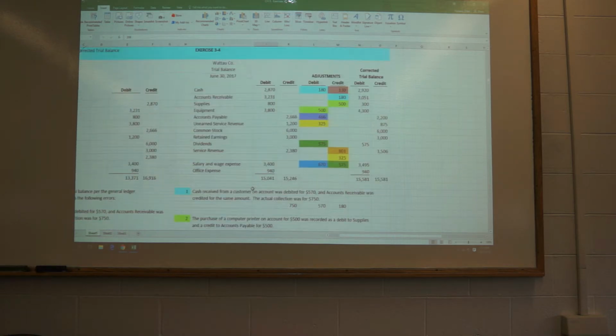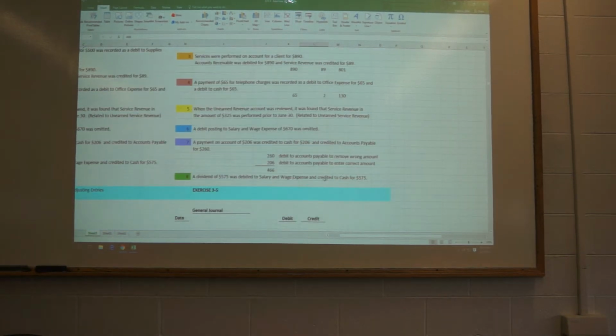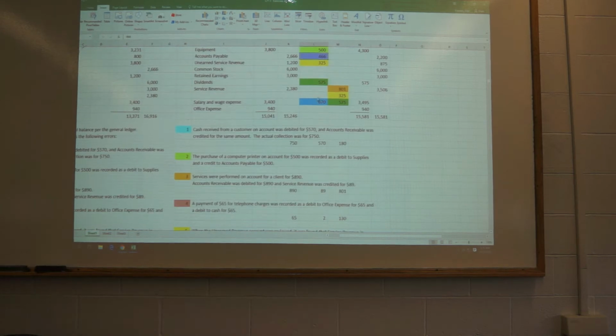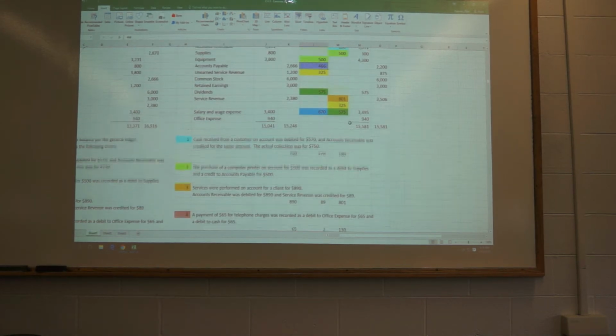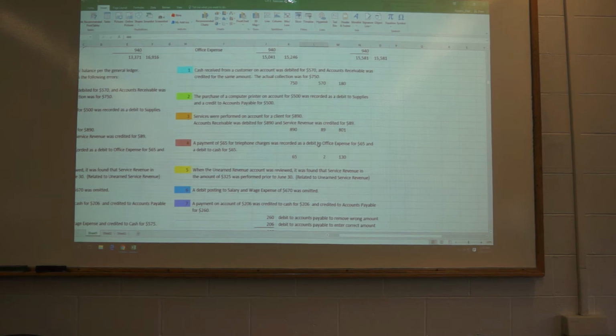So you can see how that works. I just doubled them there, the 466. Okay, and a dividend was debited to salary and wages, so you simply get that out of there. So when you add and subtract across, you end up with your corrected trial balance, and you have some sense of what happened and why you did it.